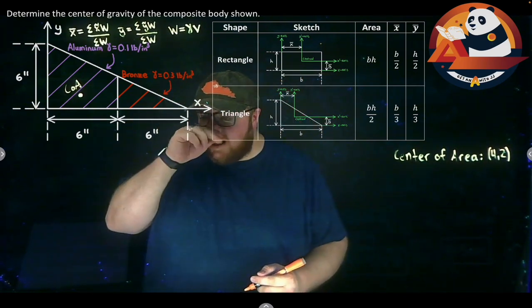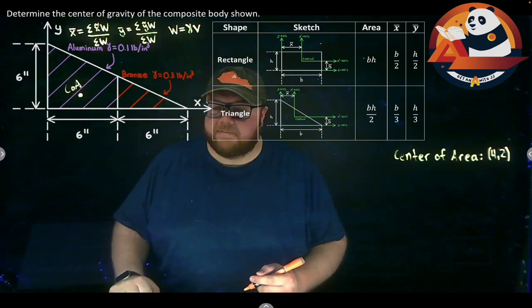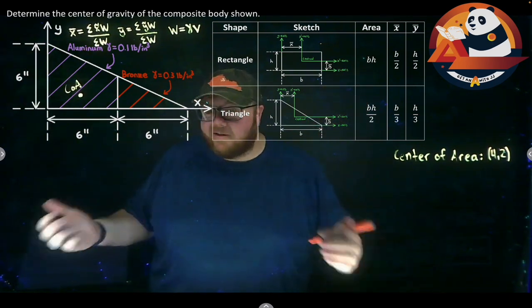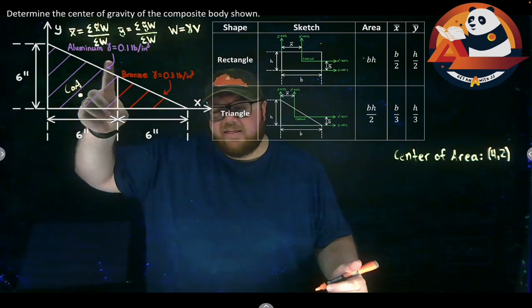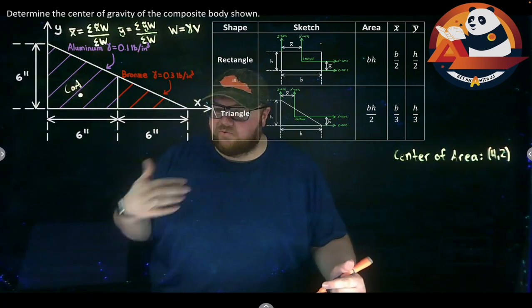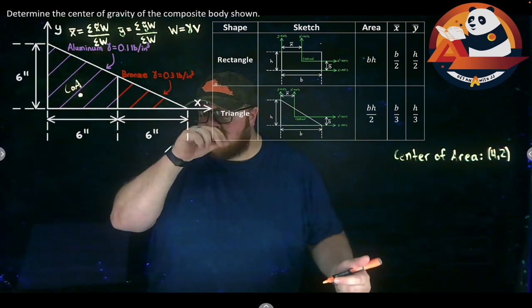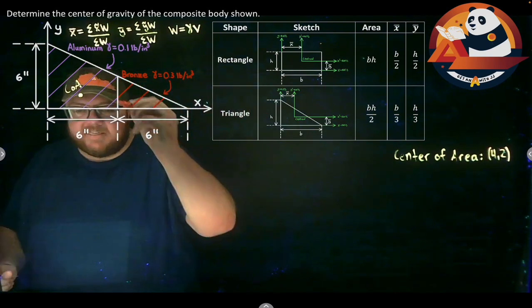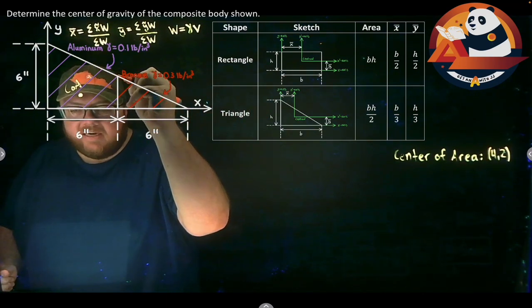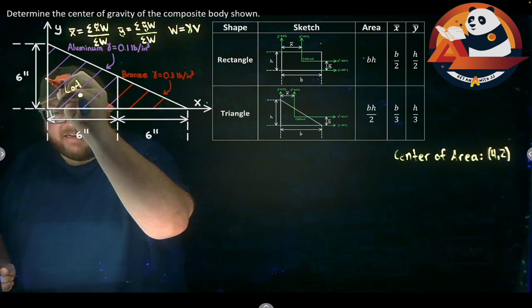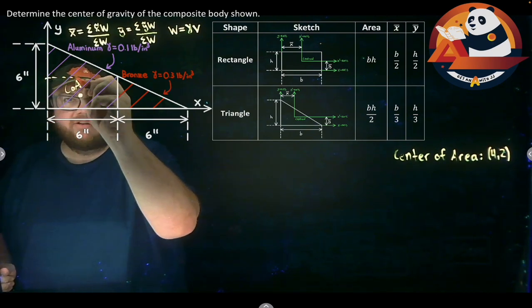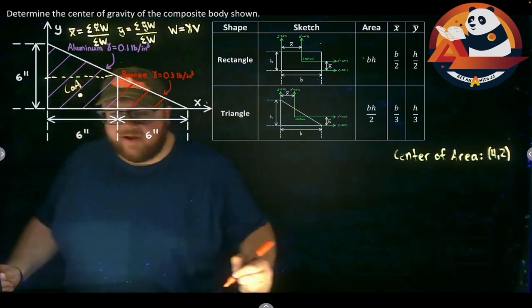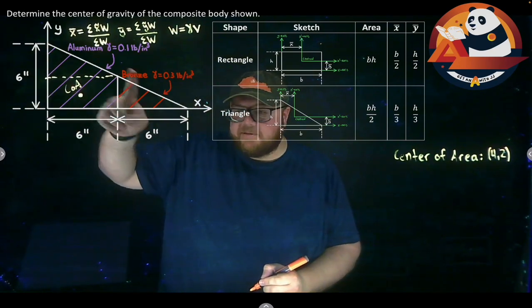But basically, in my shape, I still need to figure out how to break this up. Our centroid tables typically don't have a trapezoid in them. There is a formula for a trapezoid, but it's convoluted and messy. Instead, we can shortcut that and break this up into a triangle stuck on top of a rectangle, making three shapes.